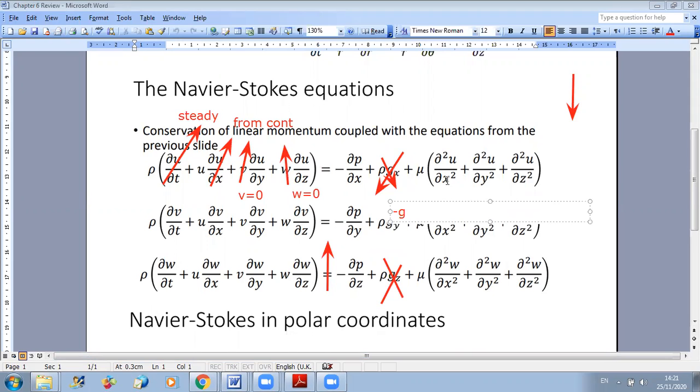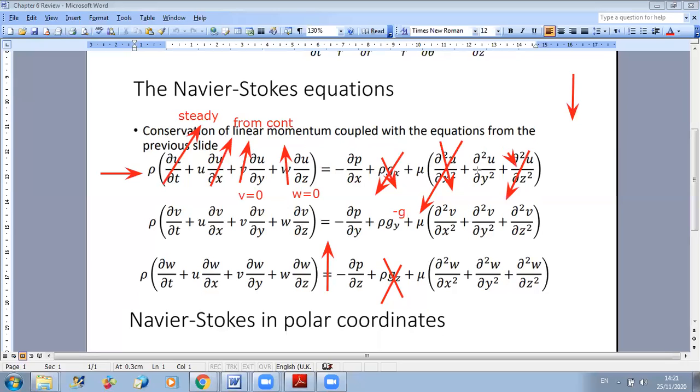Now, if I continue simplification in my first equation, which is the linear momentum in x, we said that del u by del x is 0. We said that u is independent of x, so of course the second derivative also will be 0. And u is independent of z.